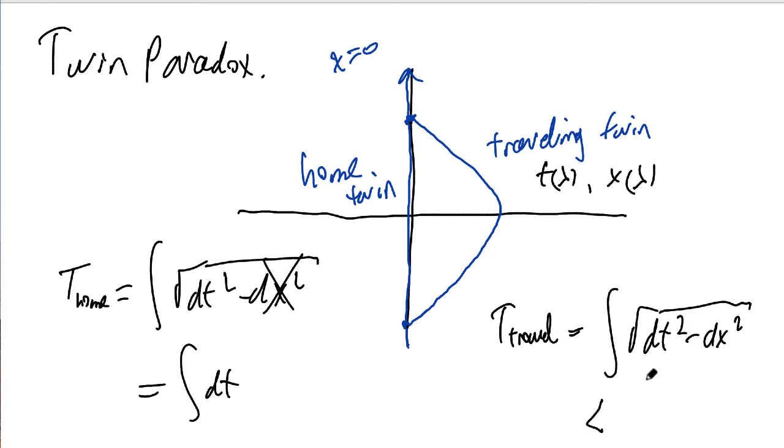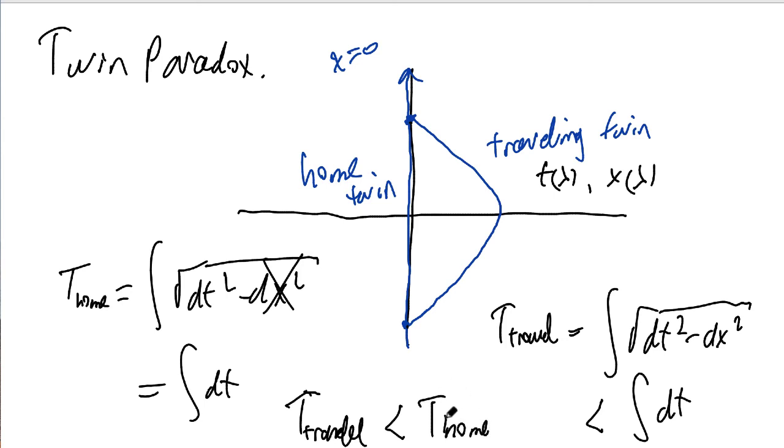So this is always less than integral dt, which is, of course, the t at home. So we see that no matter what dx is, no matter what the details of this world line are, the traveling twin has a smaller proper time between this event and this event than the stay-at-home twin. So the stay-at-home twin ages more than the traveling twin.